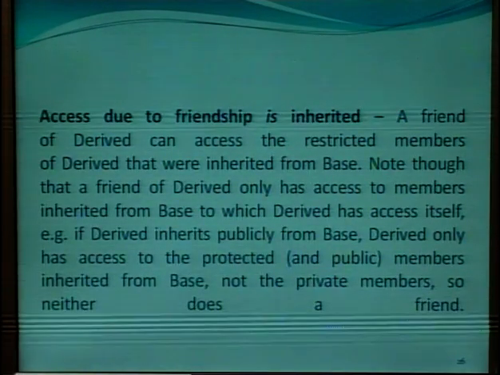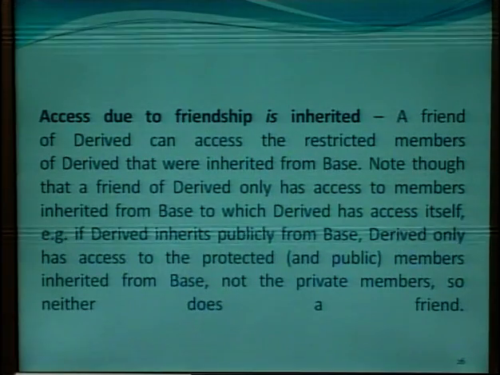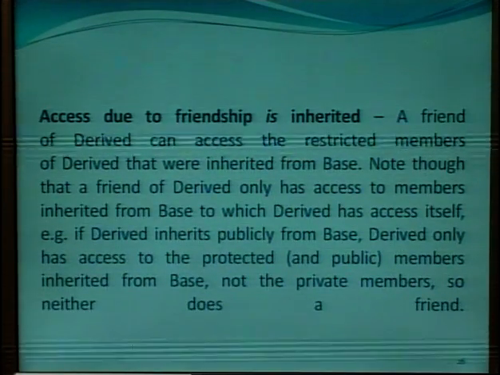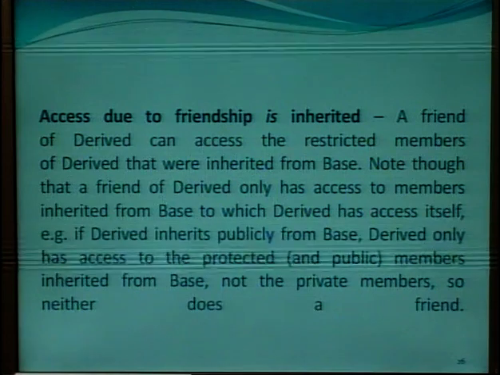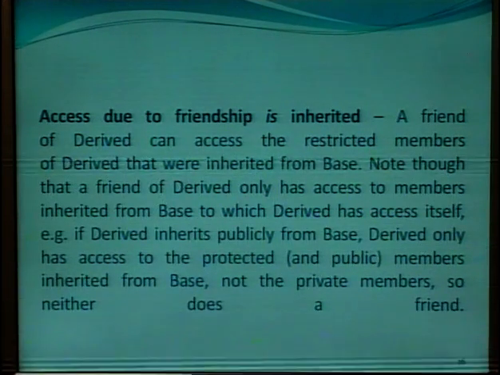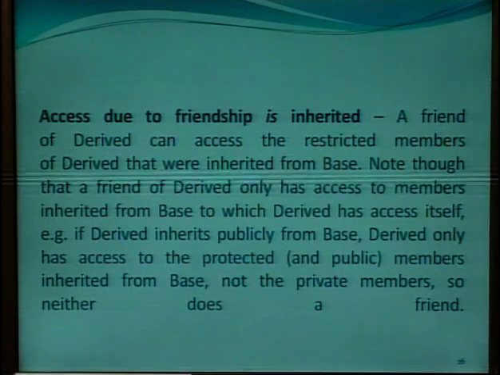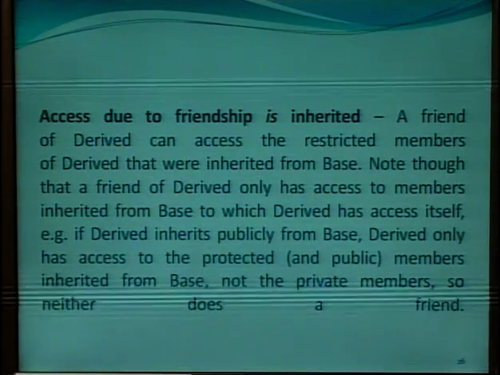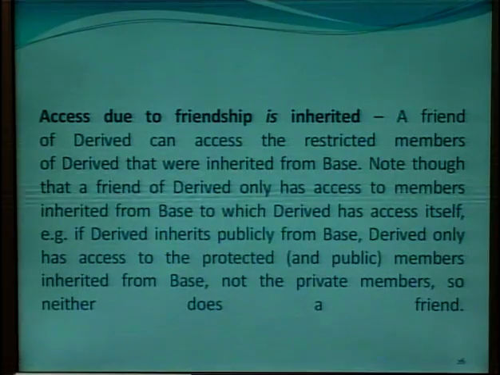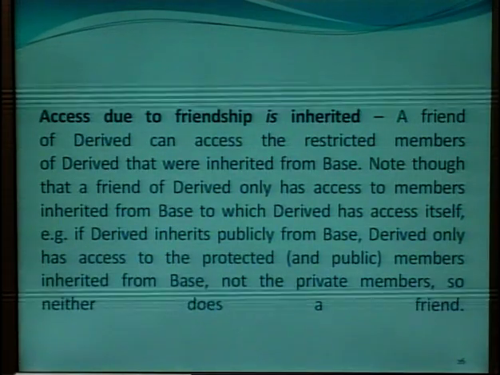If derived inherited publicly from the base, derived only has access to the protected and public members inherited from the base, not to the private members. So, neither does a friend.